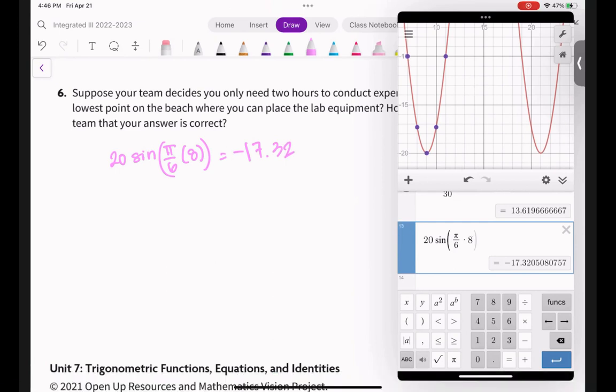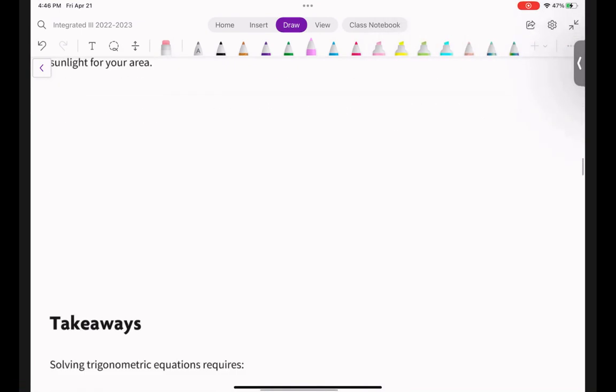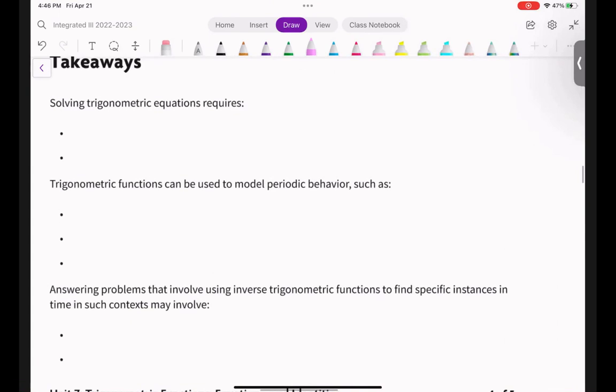Okay. So the last thing we're going to do is go over our takeaways, and there's quite a bit of takeaways. So I'm going to try to make sure that it makes sense. Solving trig equations requires, just like you knew before, isolating the variable.